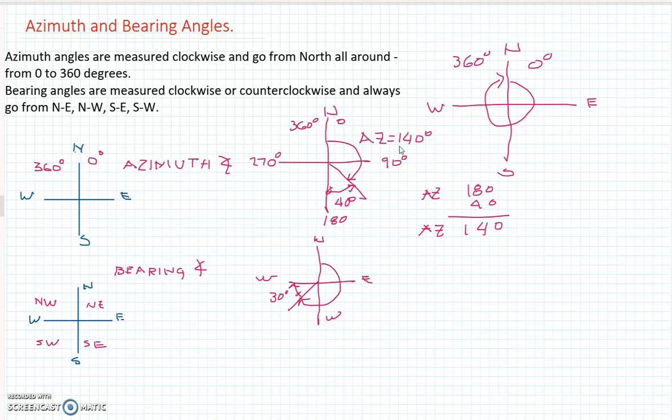What will be your azimuth? Your azimuth will be 270, which is this, minus 30. So 270 minus 30, that will be 240. So your azimuth over here will be equal to 240 degrees.